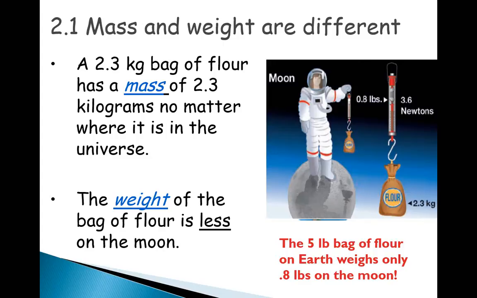However, the weight of the bag of flour is less on the moon. The weight changes because the location changes. The moon is smaller than the Earth, so that changes the weight. But the amount of stuff that makes up the 2.3 kilogram bag of flour, if you don't take any flour out of that bag, should be the same everywhere it is.